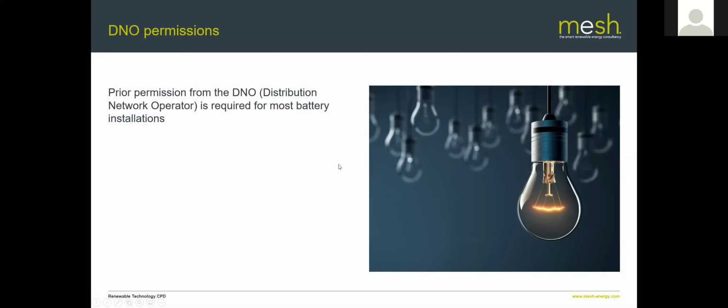Let's have a quick look at DNO permissions. The distribution network operator, this is quite specific to the UK. But basically, if you're going to connect a generator to the network, then you may well require permission from the DNO. A battery, although it only stores electricity, is counted as a generator.